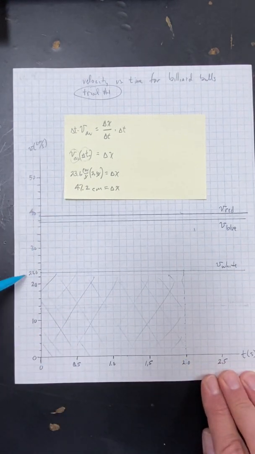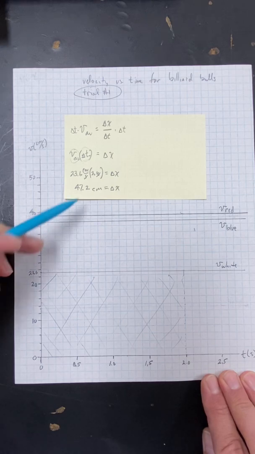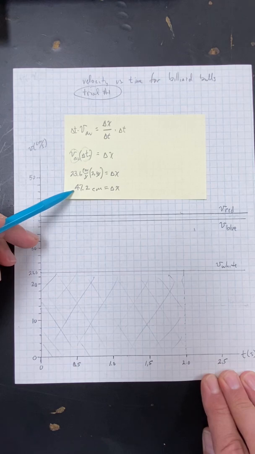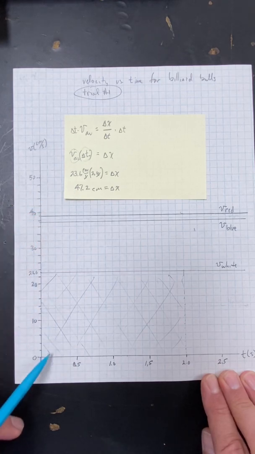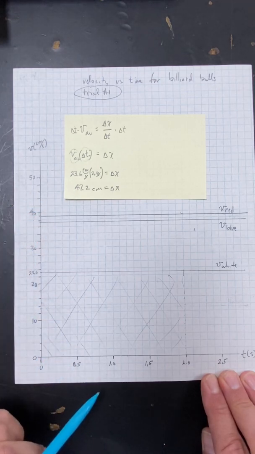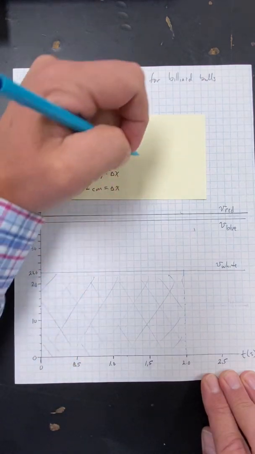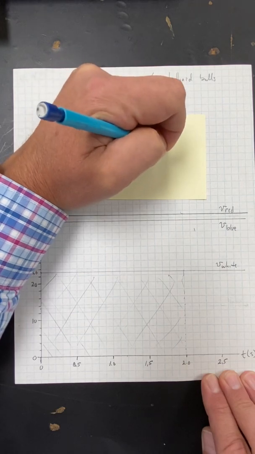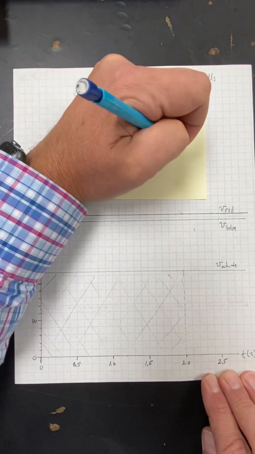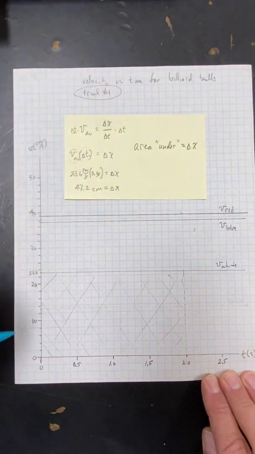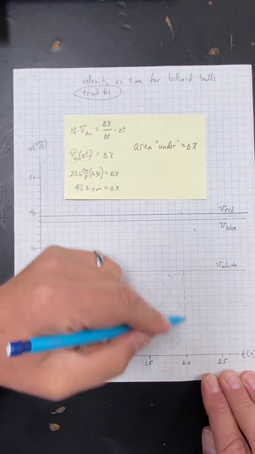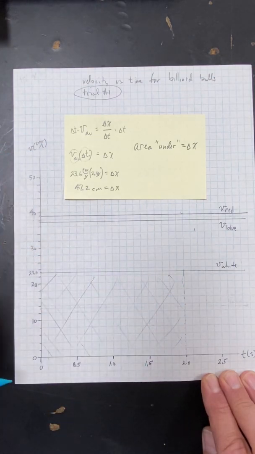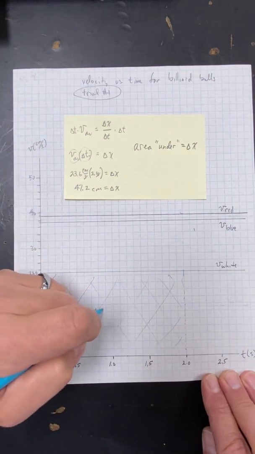In 2 seconds of going 23.6 centimeters per second, this thing would have moved 47.2 centimeters. The moral of the story is this area that I've shaded in actually represents the displacement of the object. The area under a graph of velocity versus time represents displacement.